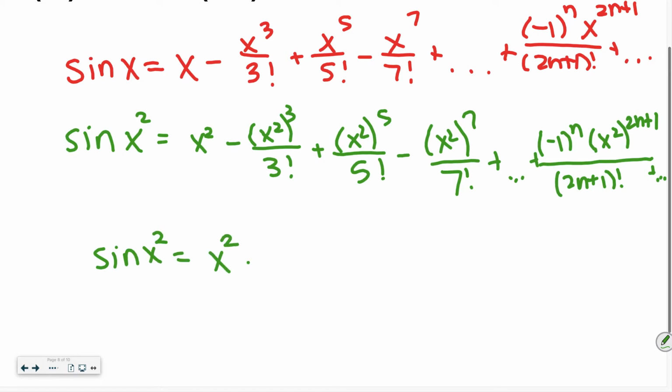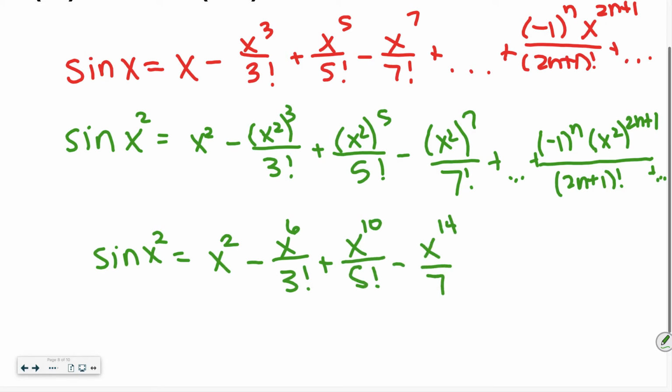x squared minus x to the 6th over 3 factorial plus x to the 10th over 5 factorial minus x to the 14th over 7 factorial. And in general, our nth term is what they would call it.